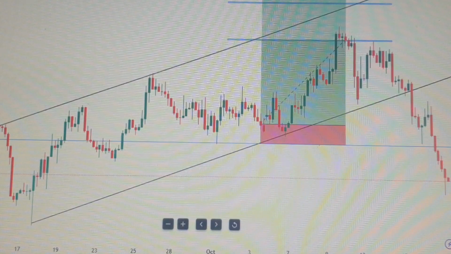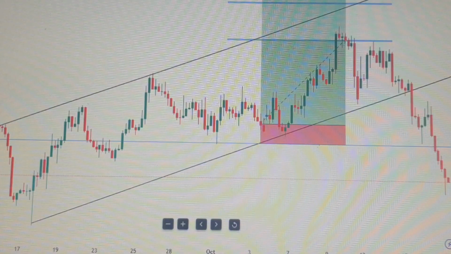I was still profitable on this trade. Do you understand? I was still profitable because I had already taken half of the overall trade target before it started reversing back. So even if it hit my stop loss, I was still profitable on this trade setup.